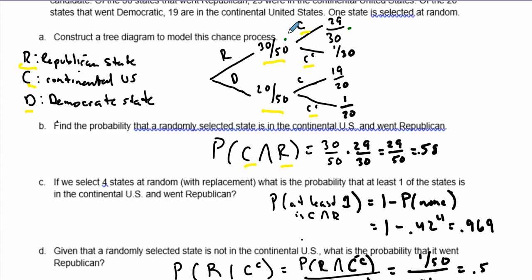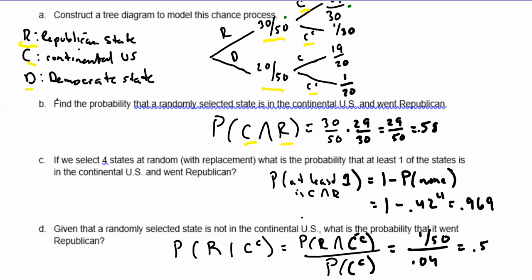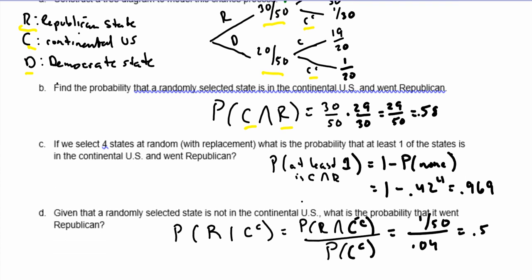Going a little step farther, another question that you sometimes see is if we select 4 states at random with replacement. With replacement means that each one has the same chance, so the random selection is independent.